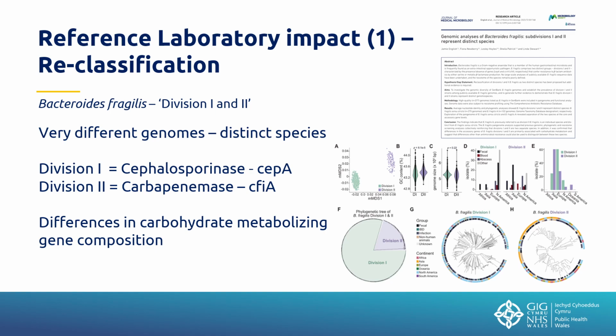One has a cephalosporinase, division 1 called CepA, and division 2 has a carbapenemase, CfiA, and you can clearly see differences in their carbohydrate metabolism from the gene composition, which is highlighted in that publication.